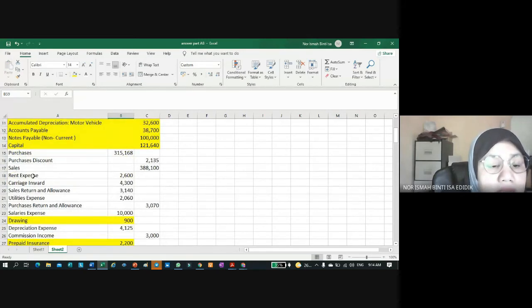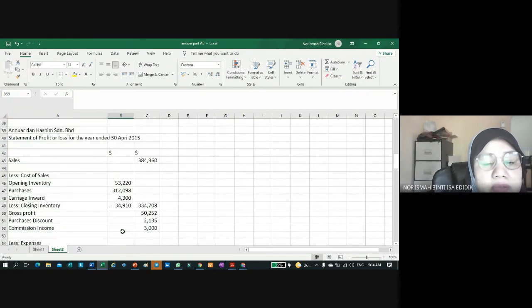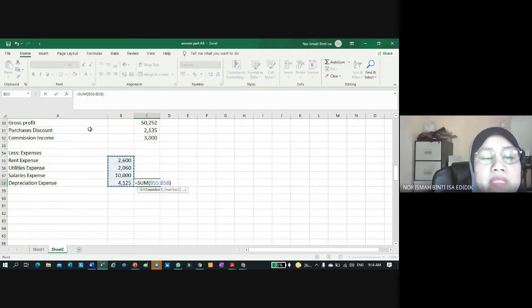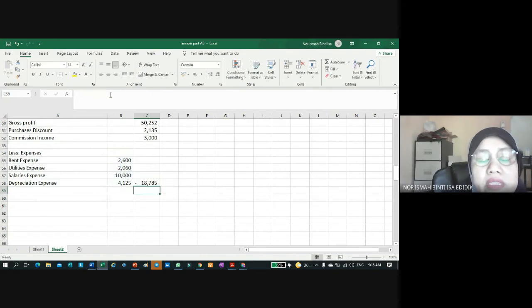Rent, utility expense, salary expense, depreciation expense. Okay, ada 4. So total dia kita letak bawa ke sini ya. Di sini kita kena tolak juga kan dengan yang atas tadi. So kita darab dengan negatif 1 untuk jadikan dia negatif. Nanti kat sini buat kurungan ya.